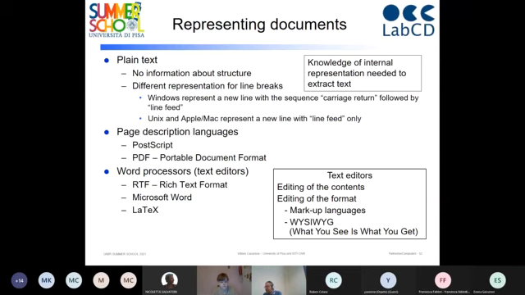So this was the new generation of editors that came out in the late 80s, and this is what we are used to today. And there is a number of these editors.